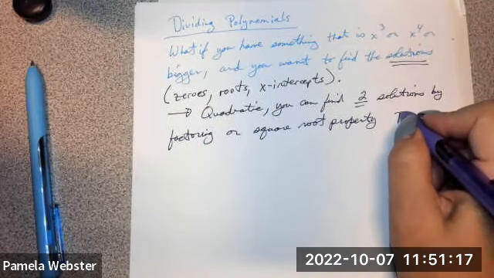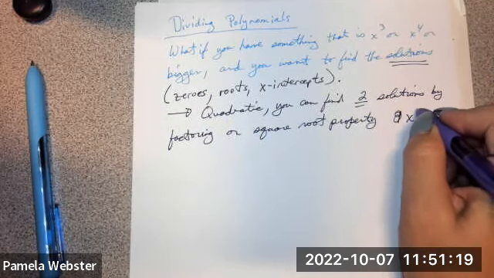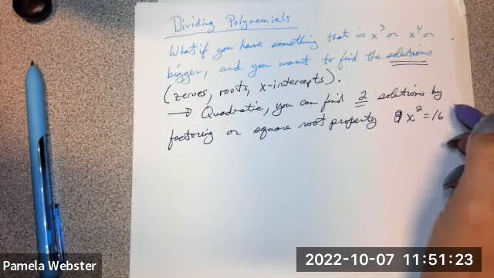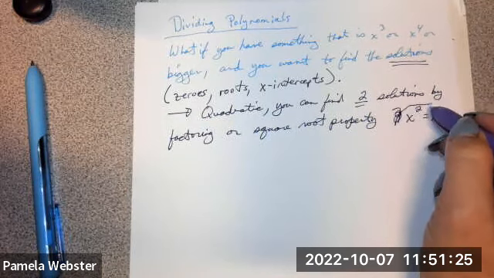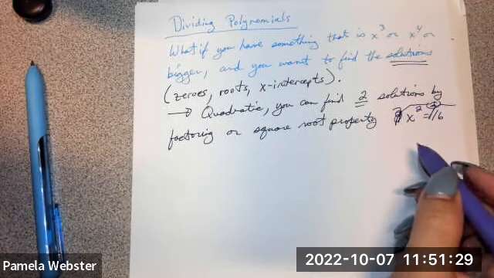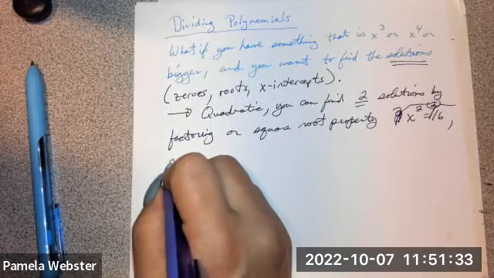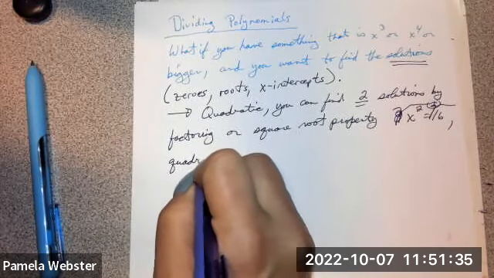Like if it was x squared equals 16, I can just square root both sides and I would get plus or minus the square root of 16, which is 4. So that's applying the square root property. We've done that before. Or maybe I can use the quadratic formula.